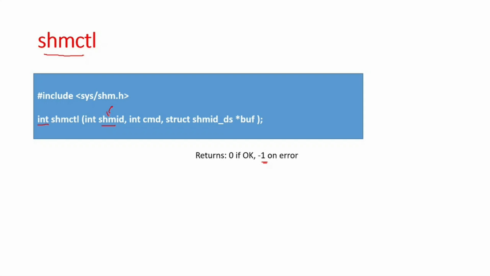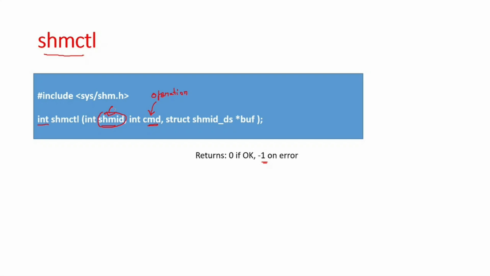shmid is something that we obtain using the shmget function, and to perform an operation on the shared memory, obviously we need to identify it, right? That is done by using the ID we obtained with the previous function shmget. The command specifies what kind of operation we want to perform on the shared memory.